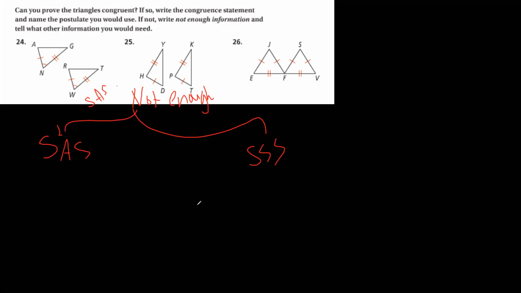So he needs to tell me that the line segment YD is congruent to KT. This is one of the pieces of information. If you give it to me, I will use SSS. What's the other information that, if you give it to me, I will use SAS?